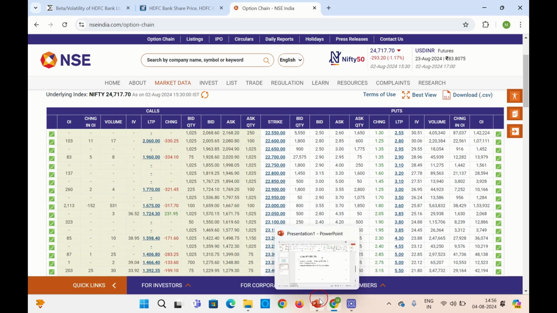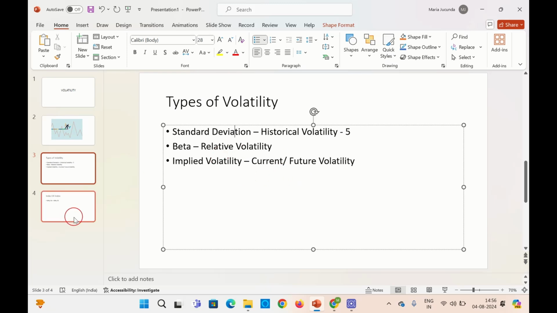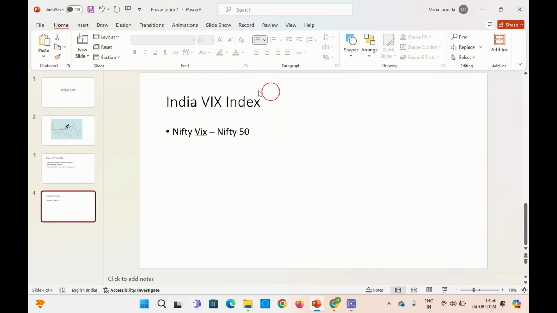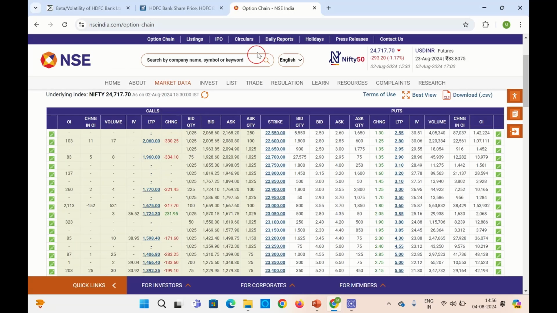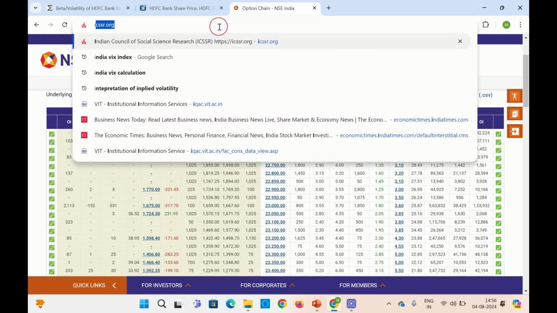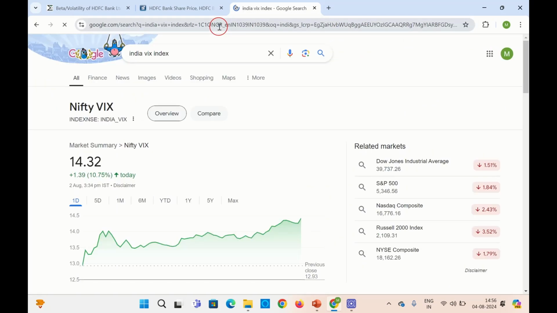Now, this implied volatility is used in the calculation of something called the India VIX index, which is an index to track the volatility of the Nifty 50 option contracts. So this is again used by option traders. Say for example, I go to the India VIX index.